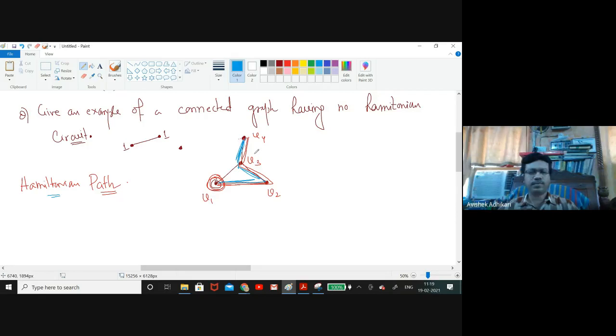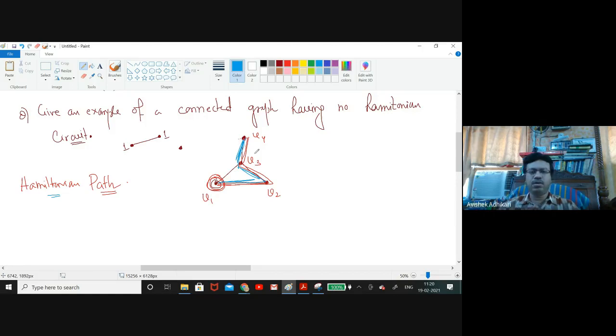In the case of an Eulerian circuit or Eulerian line, as I just mentioned, there is a necessary and sufficient condition for a connected graph to be Eulerian or not. It's very easy to find, because we just need to check whether the degree of each vertex is even or not.